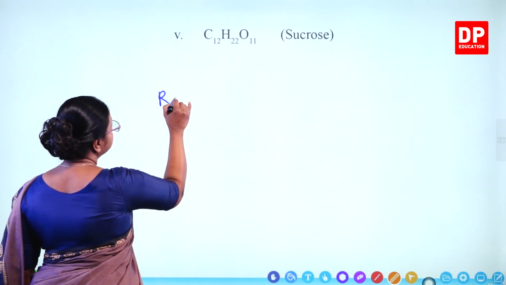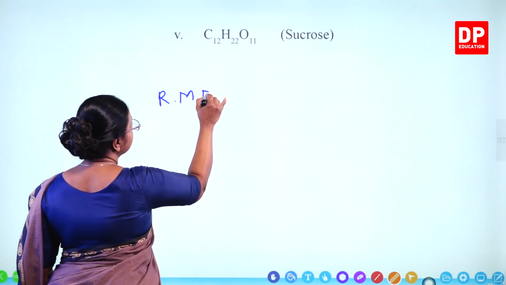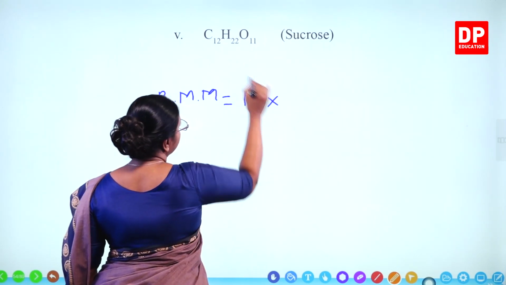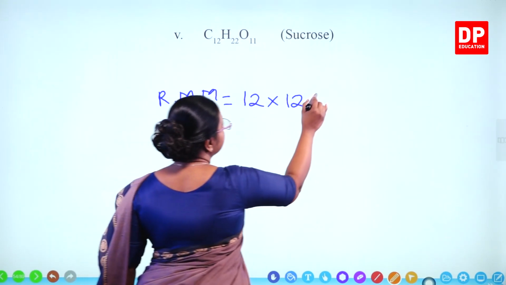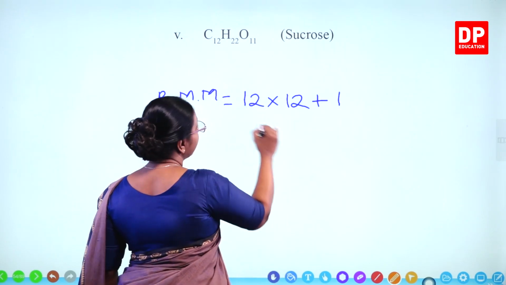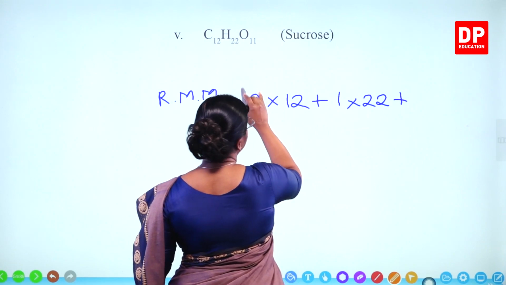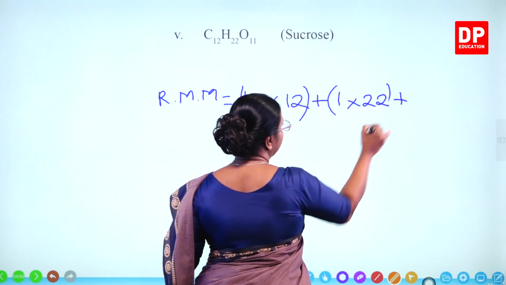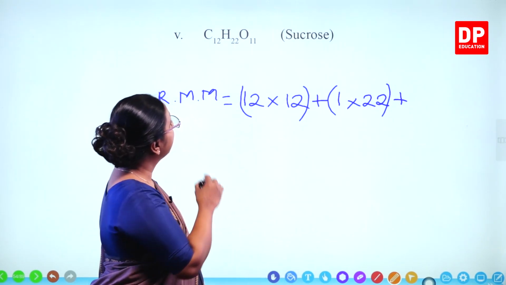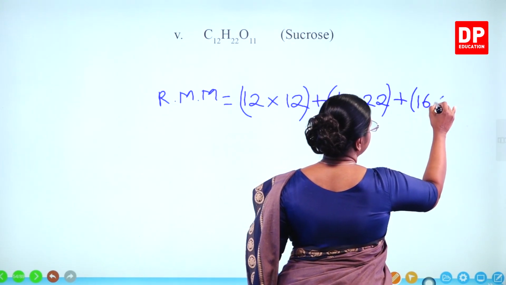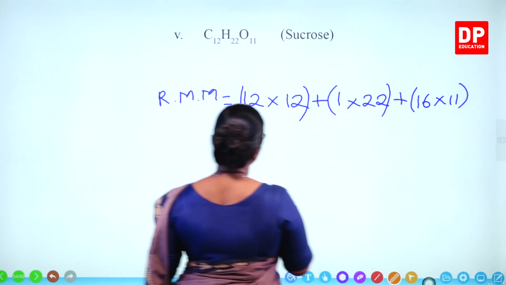Sucrose, C12H22O11. So relative molecular mass for sucrose, again carbon is 12. There are 12 carbons. Then hydrogen is 1. Like that, there are 22 hydrogens. And you can also write them within brackets. That is more clear. And oxygen is 16. Likewise, there are 11 oxygen atoms.